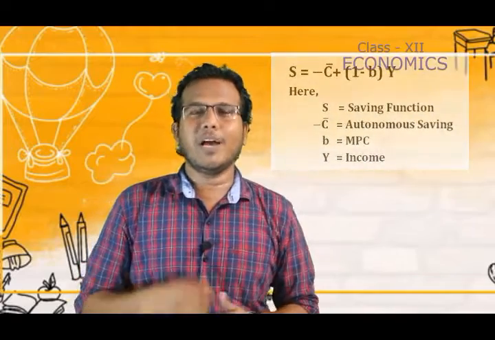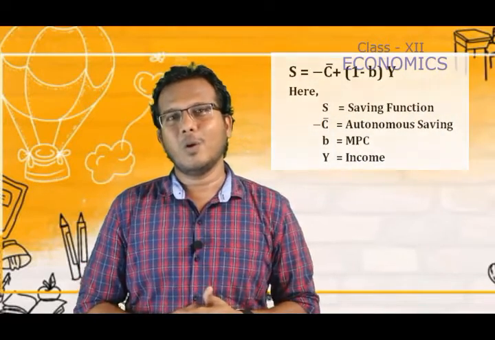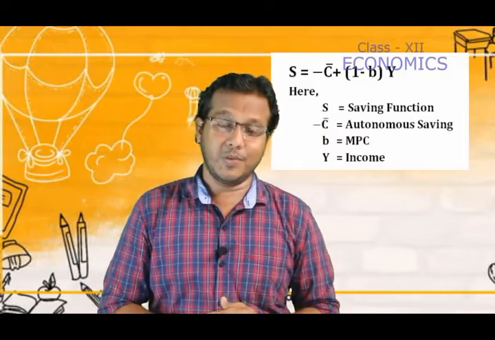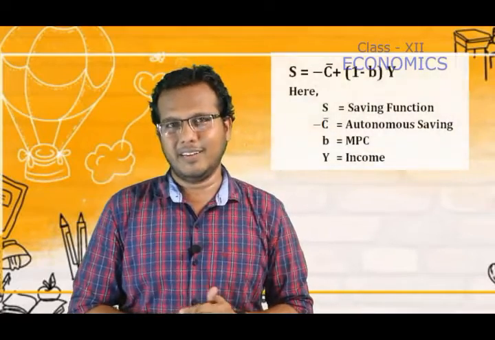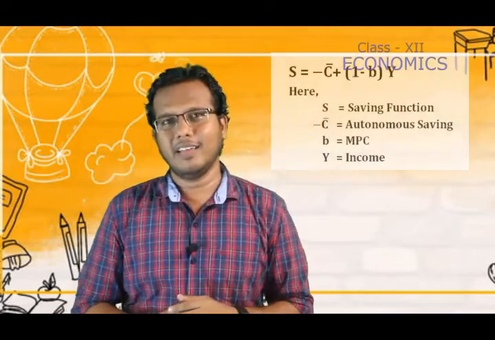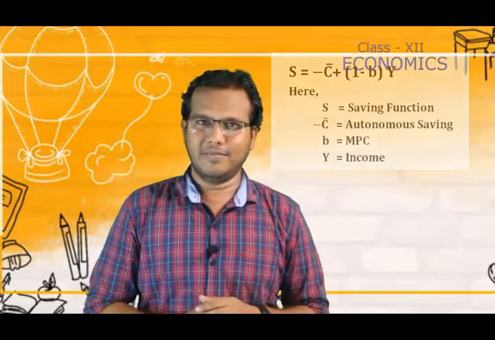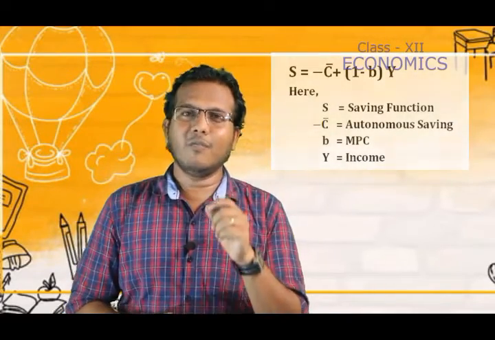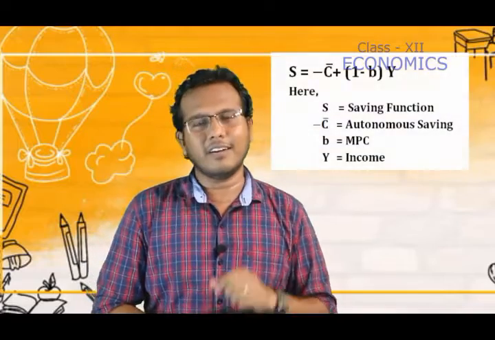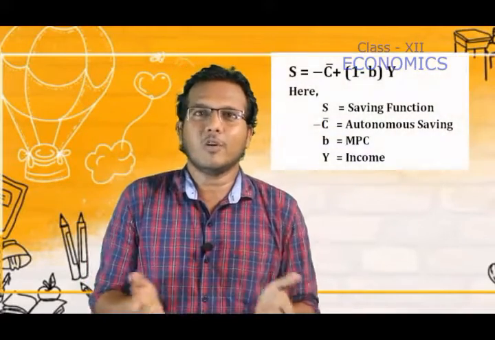Now we will find out the S function in an algebraic representation. In an algebraic formula, we can denote S is equal to minus C bar plus 1 minus B into Y. So here minus C bar is the value of S, because C bar is the value of autonomous consumption, that is the value of C when Y is equal to 0.